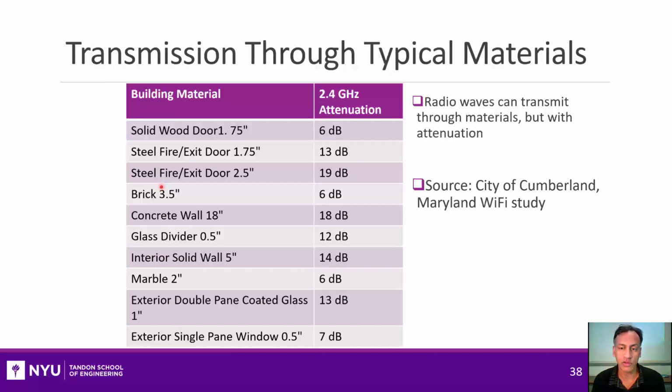At least at 2.4 gigahertz, eventually your signal will penetrate through all of these, just at different levels of attenuation, maybe about between 5 and 20 dB. You can even go through brick and concrete, for example. At higher frequencies, that's not possible. But if you do want to model these things accurately, you have to pay attention to some details, for example, the thickness of the material and the actual type of the material.